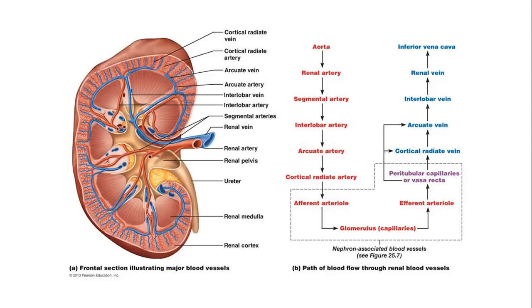Now in the hilum, lobar arteries are given off, which further divide into 2 to 3 interlobar arteries.